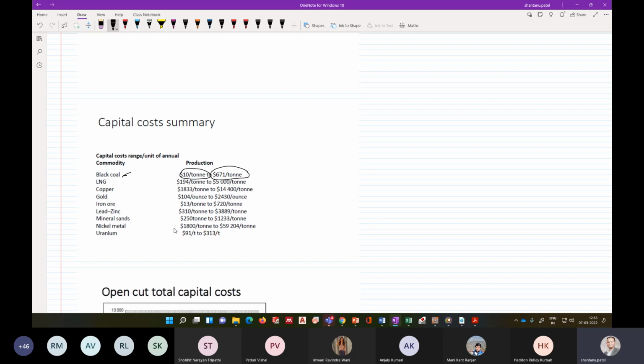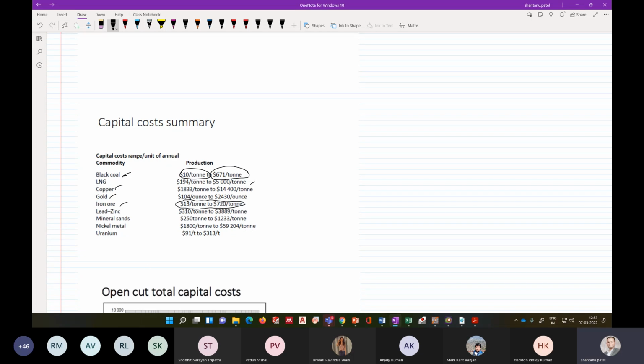So there is a wide range. The LNG production is 194 to 5,000. Copper is there, gold is there, right? And then iron ore, I think, is similar to coal, right? So this is $13 per ton to $720 per ton.